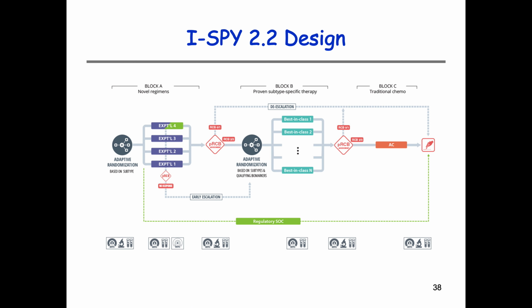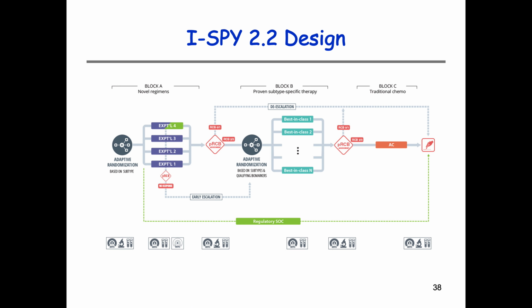First, we do an adaptive randomization based on subtype, again with adaptive probabilities of assignment. And then let's say there are at this time 4 experimental treatments contributed by sponsors. And we try to predict the RCB at this point.